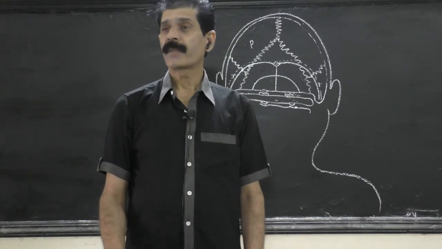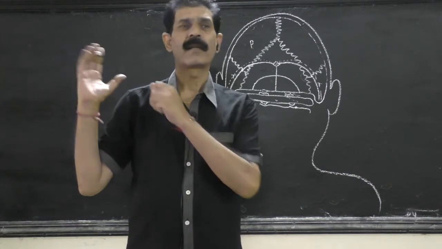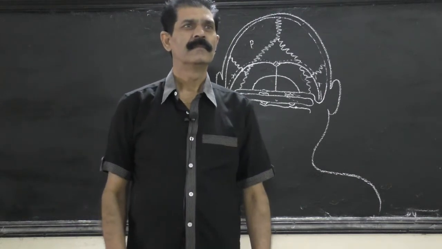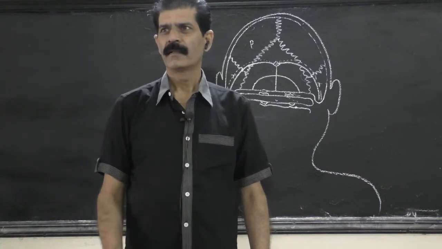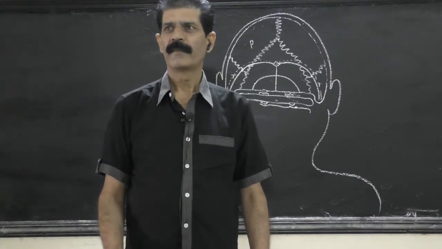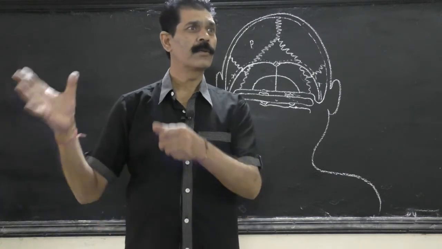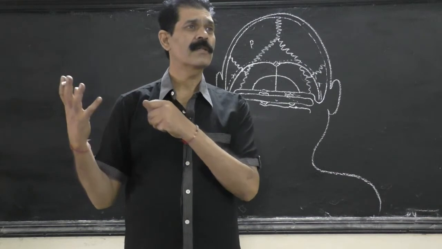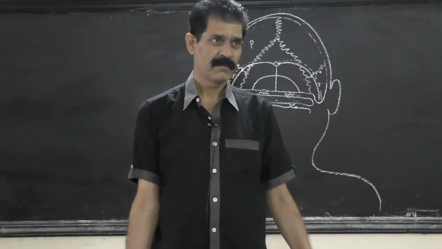So Atlas was a person who was holding the earth on his shoulder. Do you know it or not? Who knows? Raise your hand. Only 2 people. So the whole earth he is holding on the shoulder, a person whose name was Atlas.